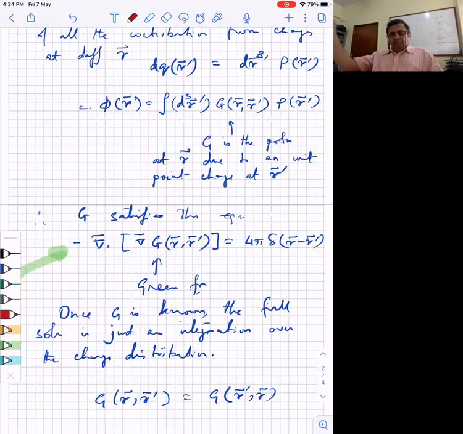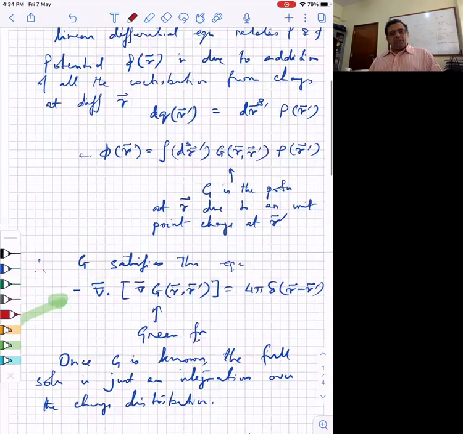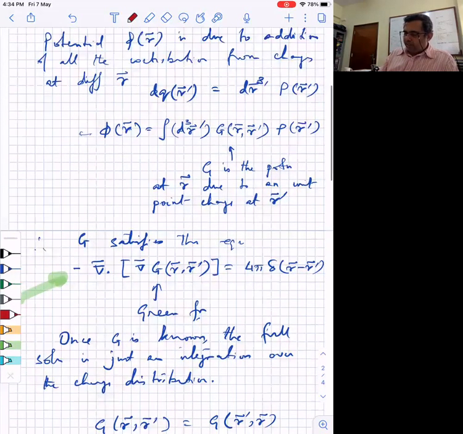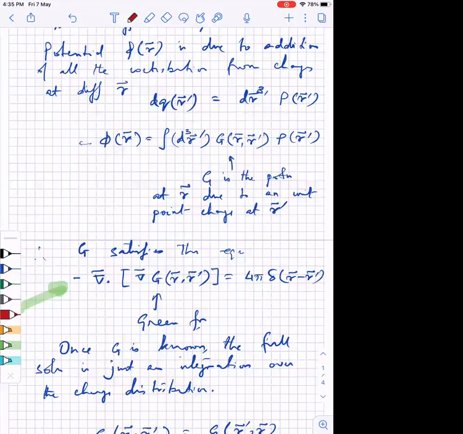If you find the potential, that is the solution of the Green's function. And so the total potential is just the integral of the Green's function over the charge distribution. So once we know the Green's function, we can solve this kind of equation. The potential over here is just an integral over the Green's function, which modulates the charge density. So the Green's function is the kernel.